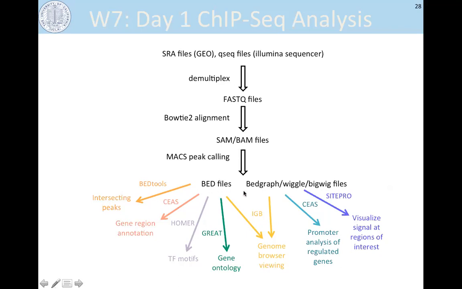And using these files, we're going to do downstream analyses with various programs to look at intersecting peaks, gene region annotations, transcription factor motifs, gene ontology. We're going to look at the files in a genome browser, do promoter analysis of regulated genes, and visualize signal at regions of interest.